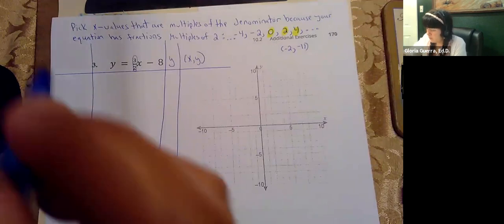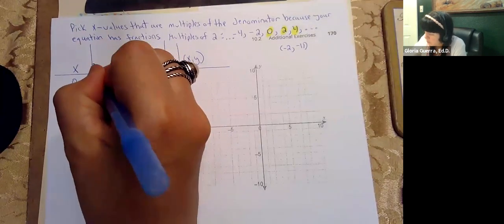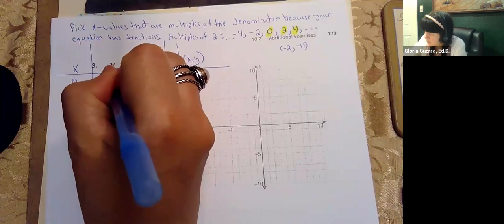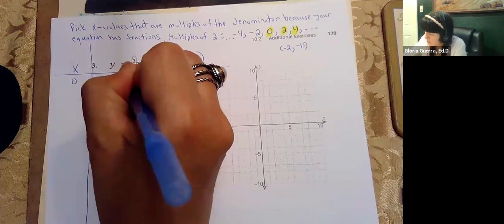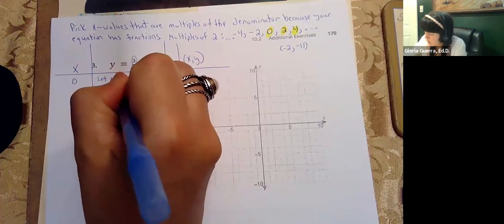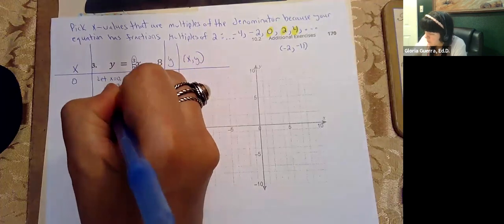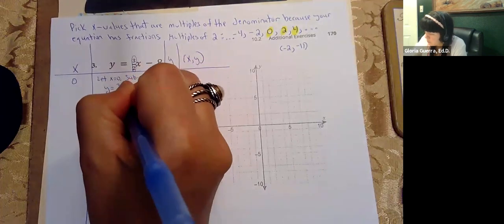Okay, so let me start with 0. So if I start with 0, I'm letting x equal 0 and I'm going to substitute. So y is equal to 3/2 times 0 minus 8. And you know anything times 0 is 0.